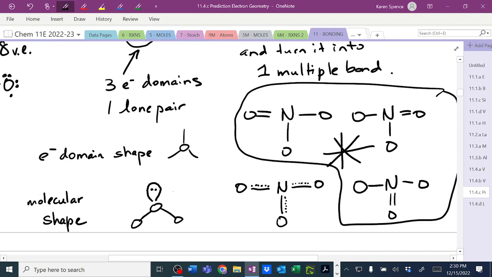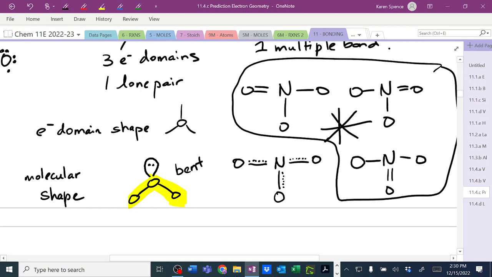So that would be what shape? Bent, right? What's the bond angle going to be there? Less than 120, because that's a third and a third and a third. Normally, trigonal planar would be 120, but we now have less than 120.